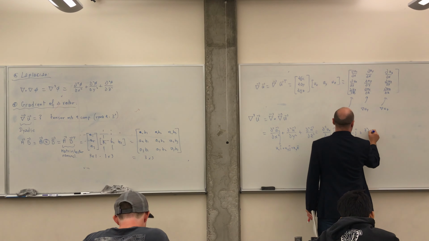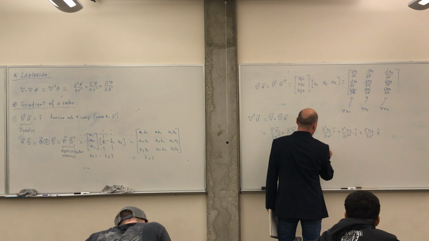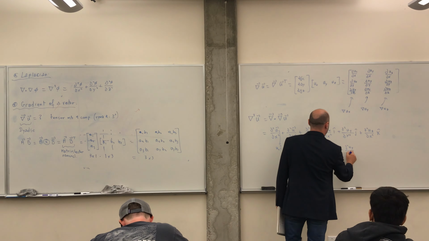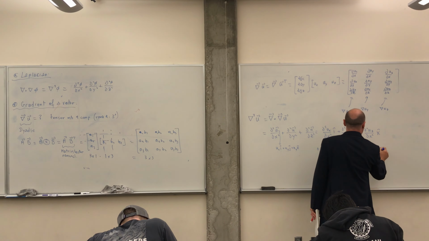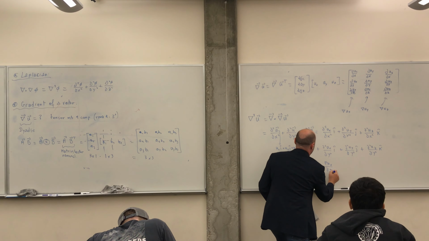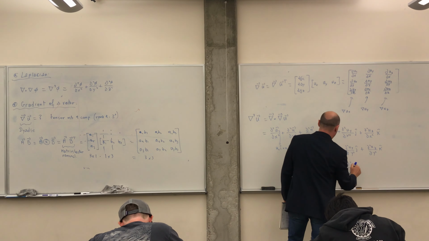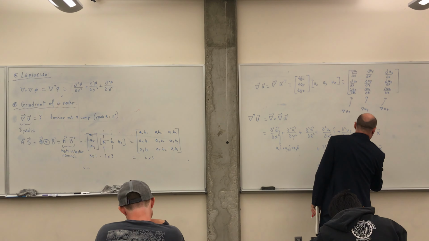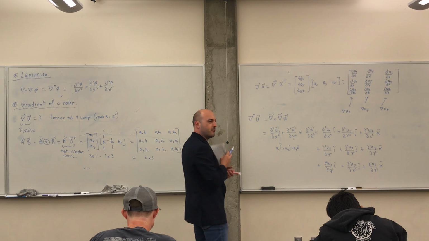Plus d2uz by dx squared k, plus the second guy, d2ux by dy squared i, plus d2uy by dy squared j, plus d2uz by dy squared k, and then finally d2ux by dz squared i plus d2uy by dz squared j plus d2uz by dz squared k. And now you have a vector.